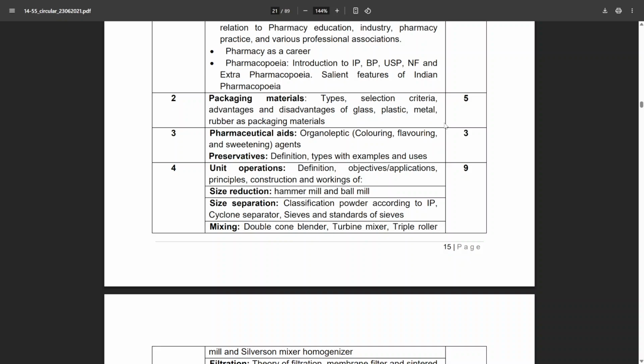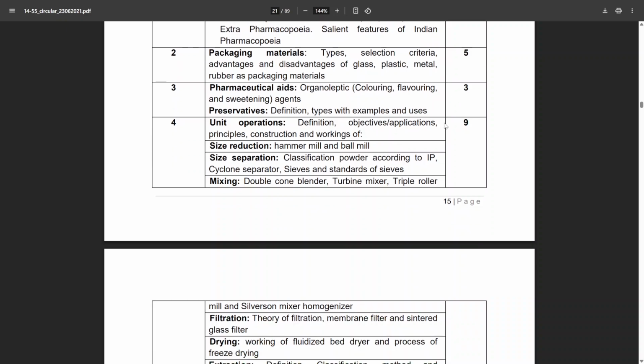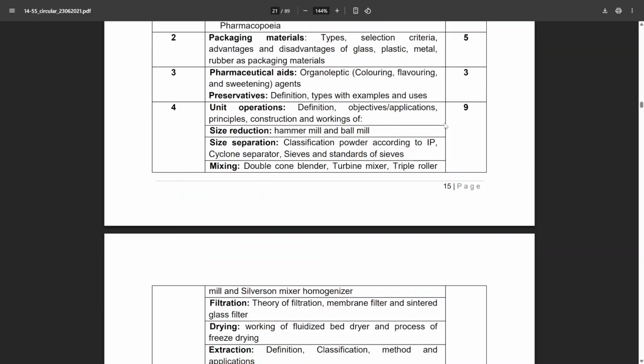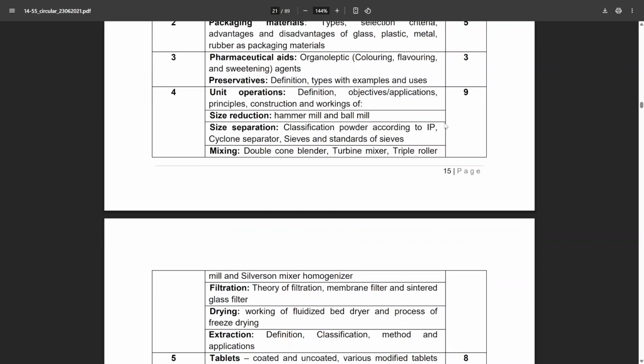Chapter 4. Unit operations, definitions, objectives, applications, principles, construction and working of: Size reduction, that is hammer mill, and we are going to basically read the machineries in this chapter. So size reduction, to reduce the size of the medicine: hammer mill and ball mill. Size separation, classification, powder according to IP, cyclone separator, sieves and standards of sieves.